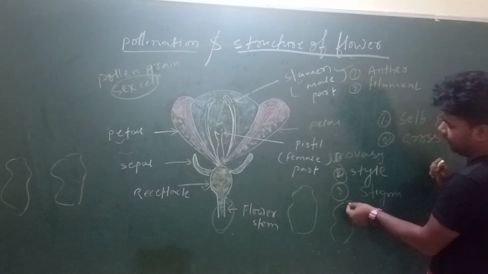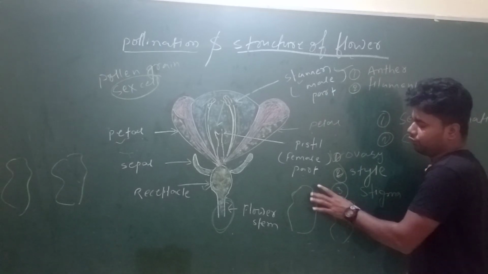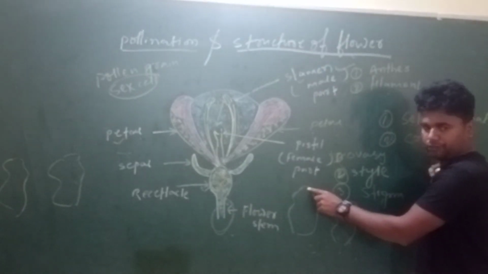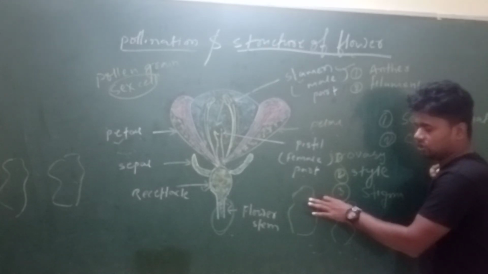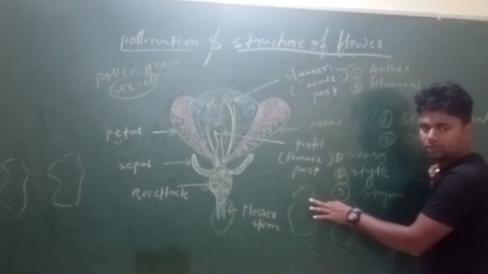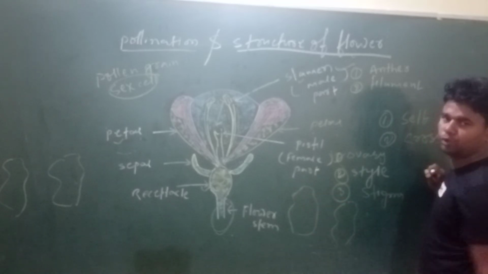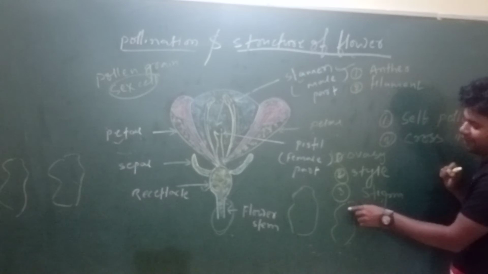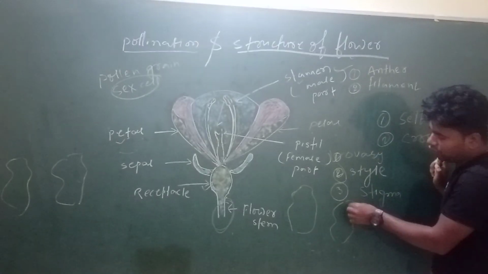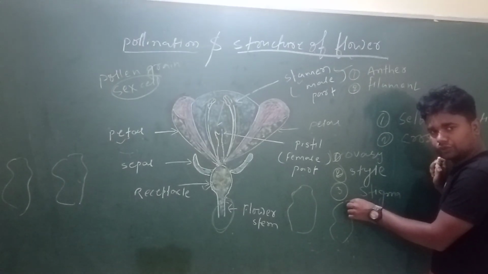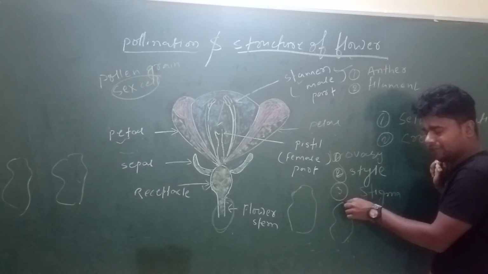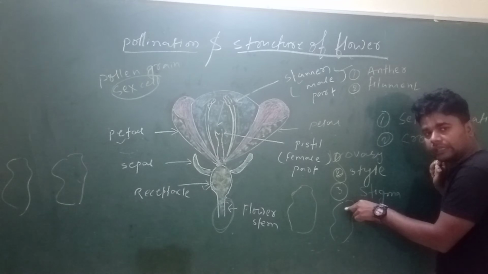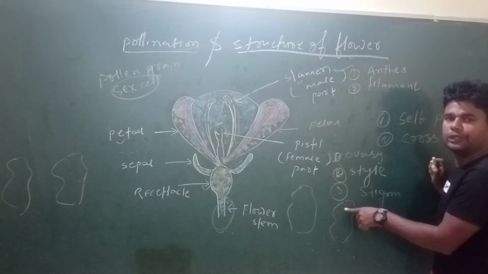If the pollen grains from this flower come to the stigma of this other flower, then the pollination is called cross-pollination. If the pollen grains from the anther of this flower come to the stigma of the same flower, then it is known as self-pollination.